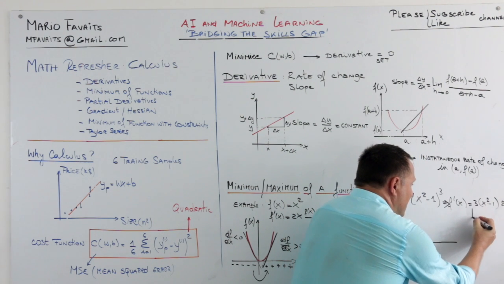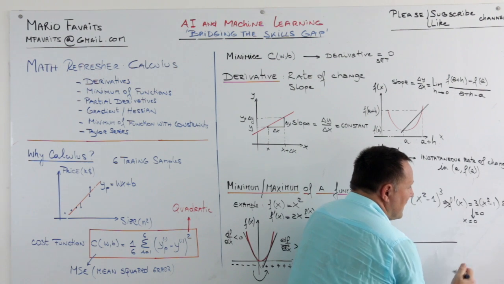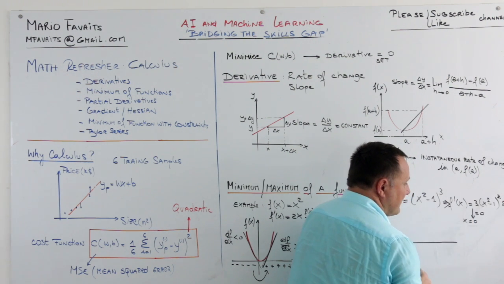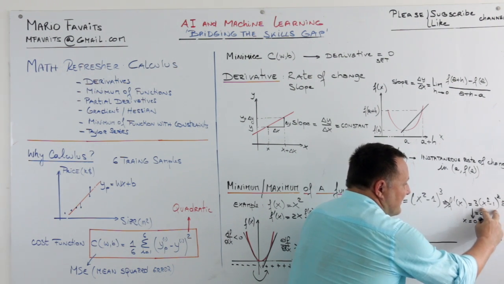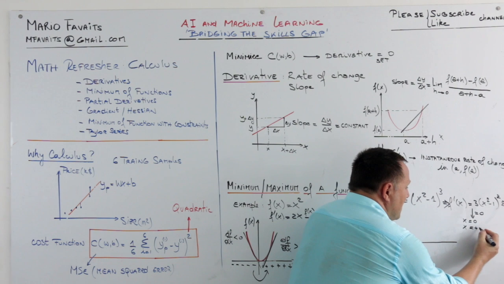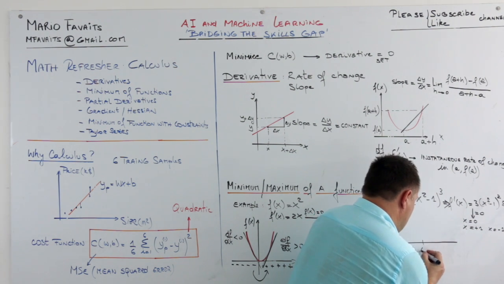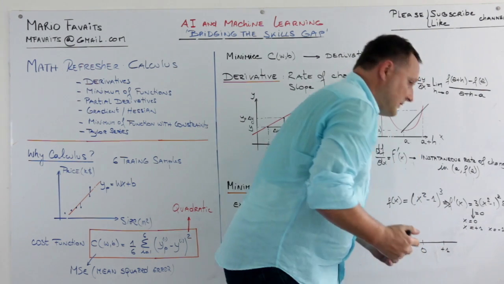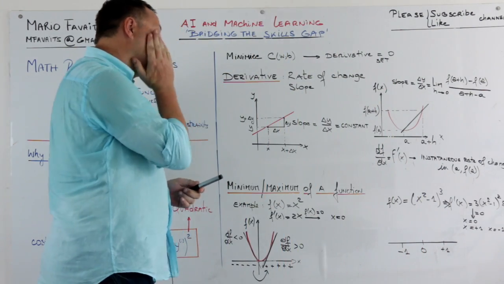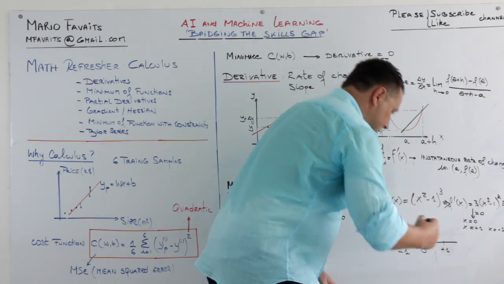Well, it's going to be 0 if x is 0. Oh, sorry, here must be a square, sorry. Or if this term is 0, so that means x squared is 1, so x could be plus 1, and x could also be minus 1. So these are the 3 extreme points that we find for this function: minus 1, 0, and plus 1.